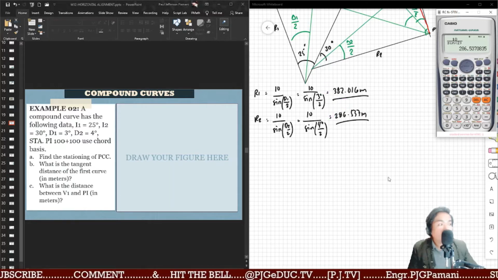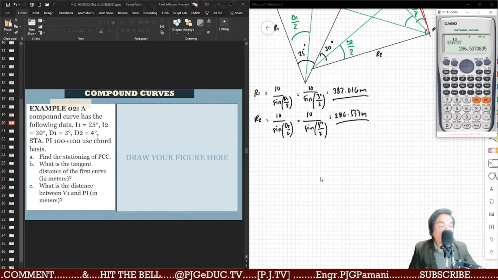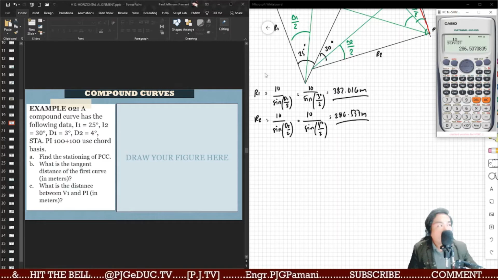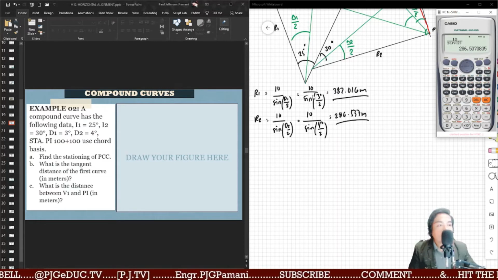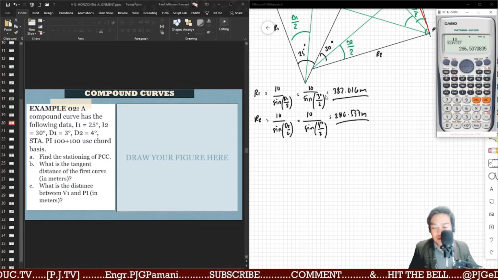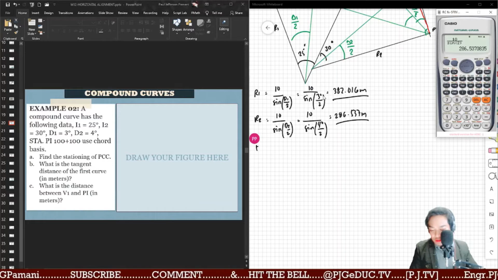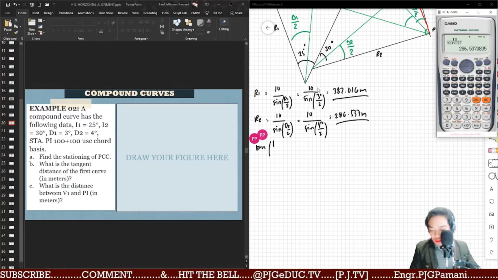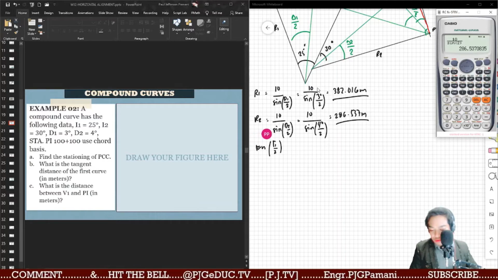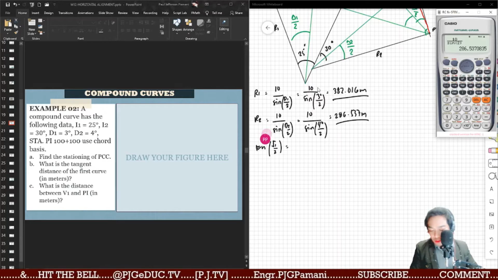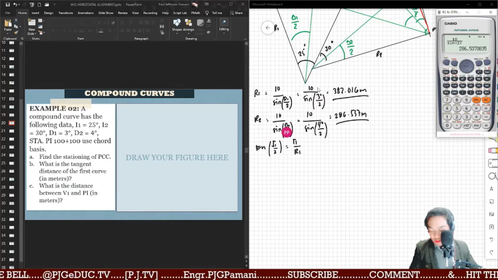Okay? We can now solve the other parameters, like the tangent distance of the first curve and the tangent distance of the second curve. So, tangent of I1 over 2 equals T1 over R1.